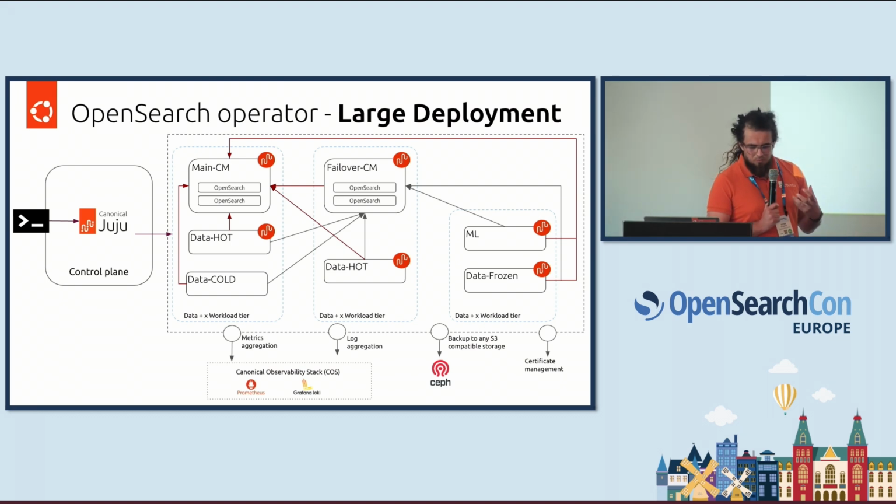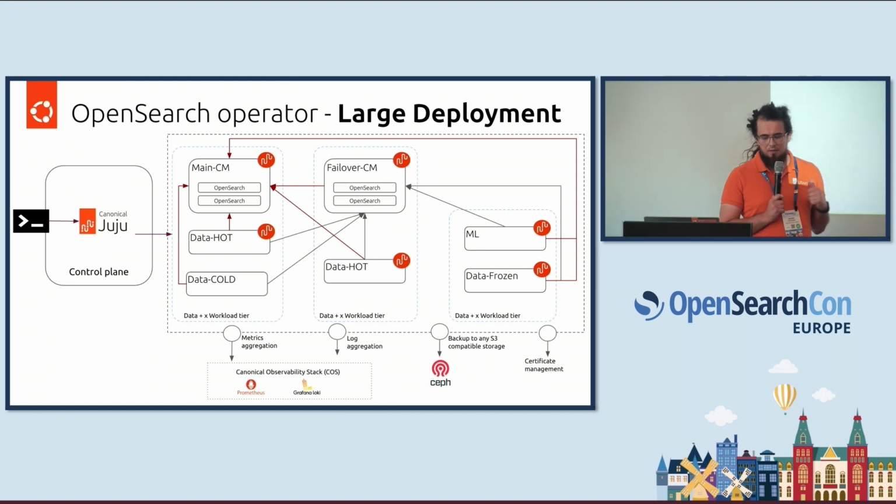So now we want to productionize what we've created. We want to productionize our architecture, and I'll show you some more examples of how this can be achieved in Juju and operators in the next slides. But in effect, what you can do today with the OpenSearch operator is to give it different roles, right?